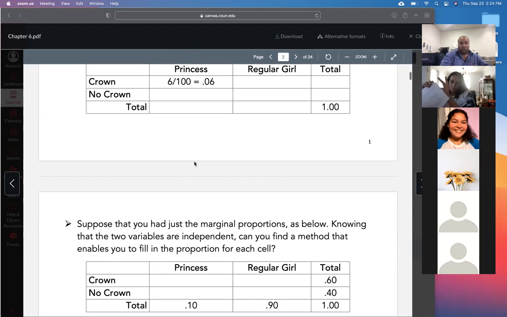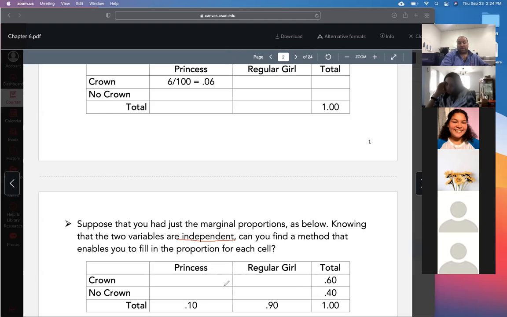So now suppose that you just had the marginal proportions. You just had these numbers here, 0.6, 0.4, 0.9, and 0.1. But you also knew, and this is important, that the variables are independent.